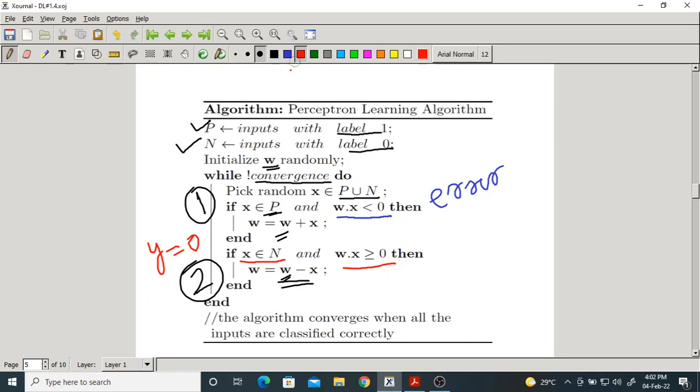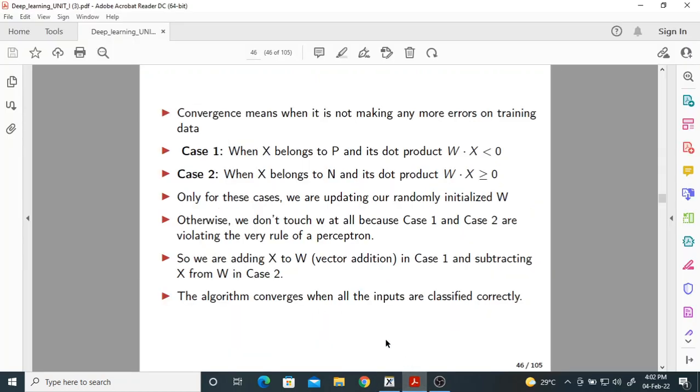So we should update the weights, or do the correction to the vector W. In the first case we add X to W. In the second case we subtract X from the W. These are the updated values of vector W. So we are adding X to W in case 1 and subtracting in case 2.